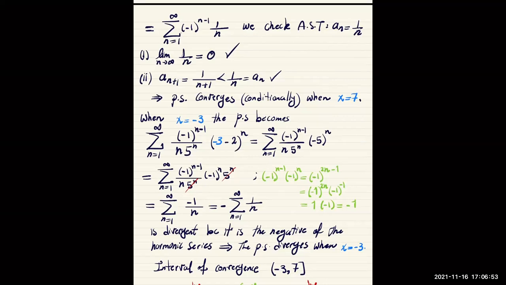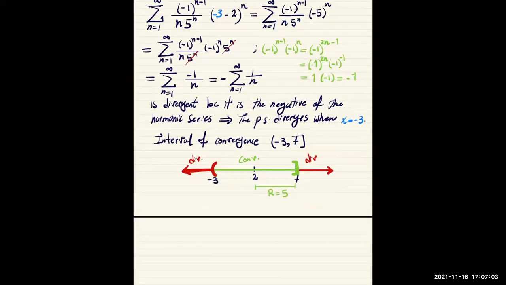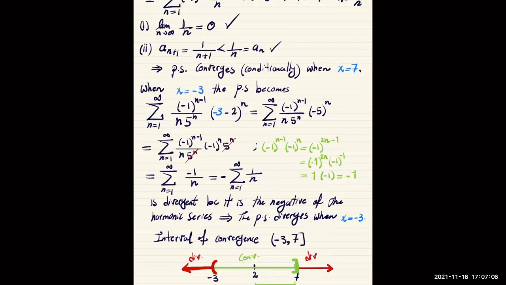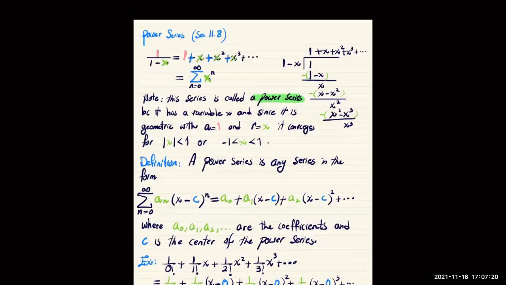That's it. So again, what are power series? What are they good for? I began the section by trying to explain how certain functions can be expressed as a power series. So what was that example?